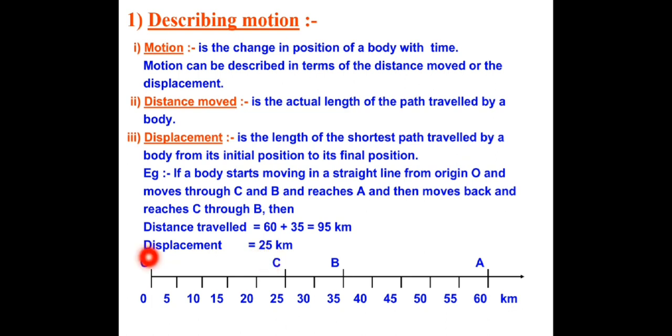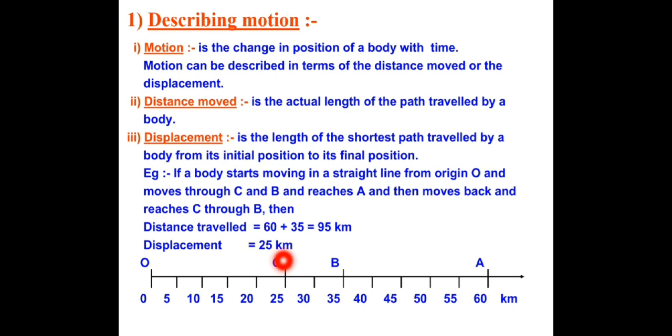Because when the car moves from O to A and when it comes back to C, this is the final position of the car, and this O is the initial position of the car. So the distance between the initial position and the final position is 25 km. So this is the displacement of the car.